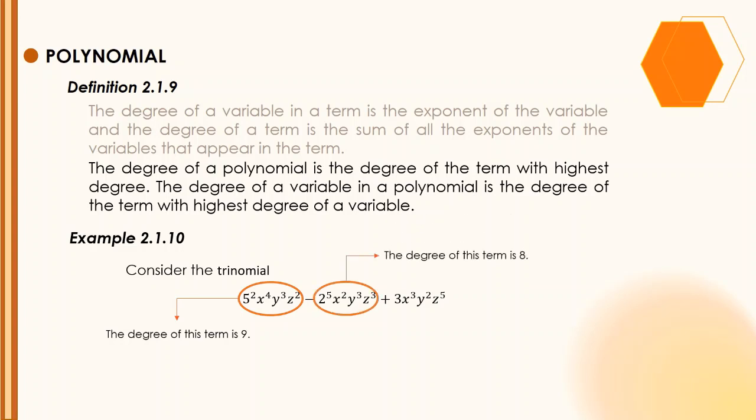That is 2 plus 3 plus 3 is equal to 8. The third term, ang degree niya is 10. That is 3 plus 2 plus 5. Now, ano yung may pinakamalaking degree sa tatlong terms? That is the third term, which is 10. So, meaning, ang degree ng trinomial na ito is of degree 10.